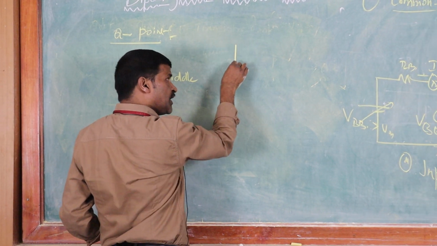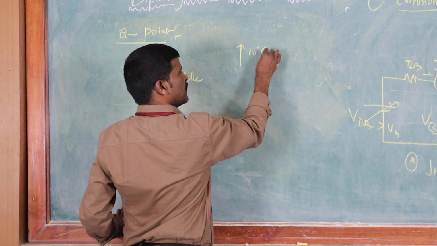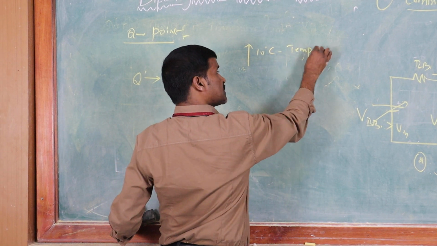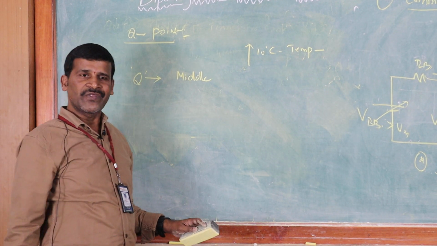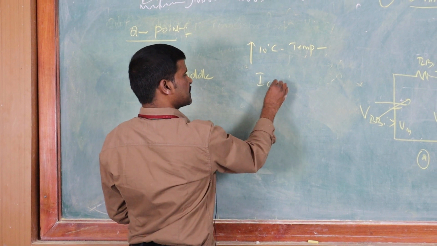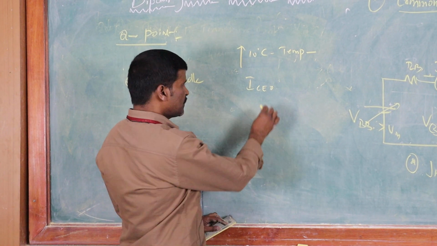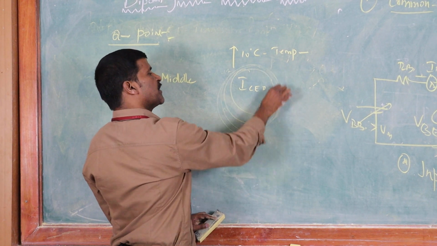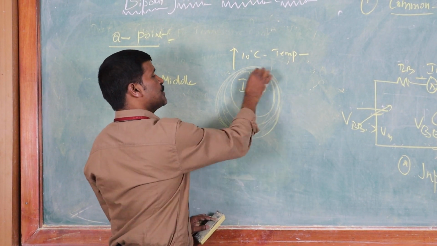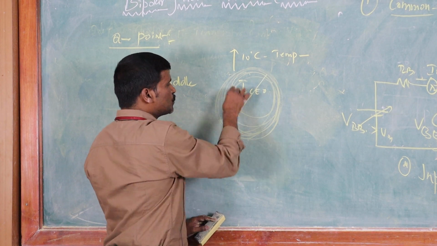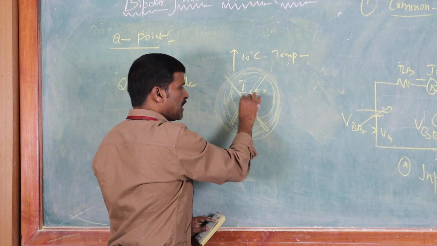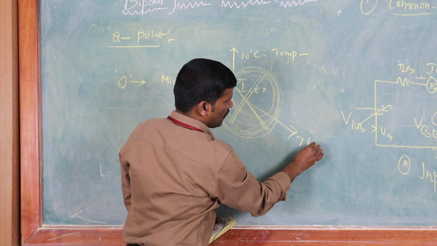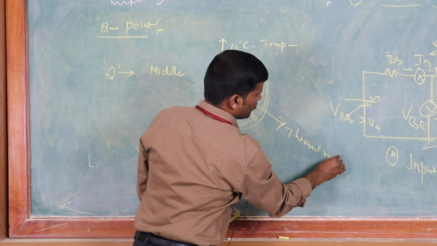For every rise of 10 degrees in temperature, the reverse leakage current IC0 in the transistor, if it is a CE amplifier, becomes double. The doubling becomes cumulative. This cumulative process leads to the destruction of the transistor, and hence this process is called thermal runaway.